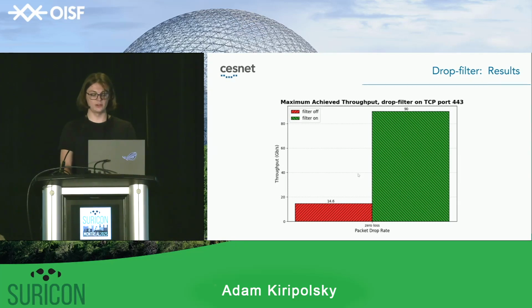And on the red part of the graph, we can see the category where the filter was off, it was inactive, and we achieved just under 15 gigabits per second of throughput, which straightforwardly showcases that the filter is working as it's supposed to.